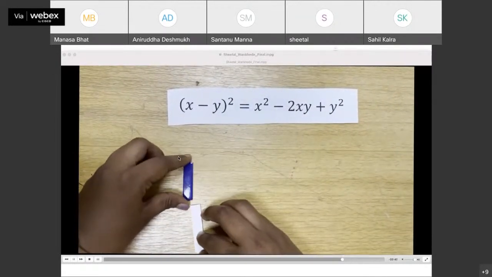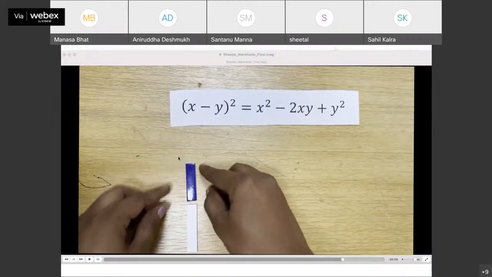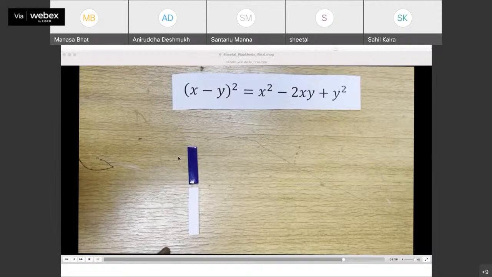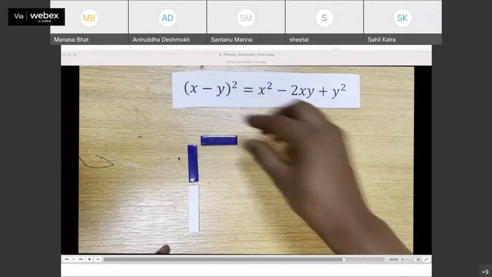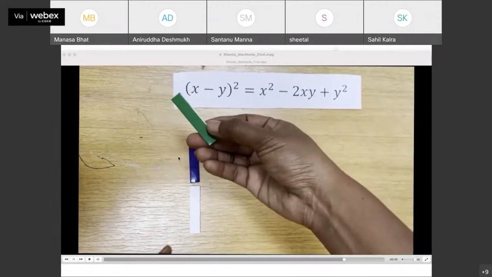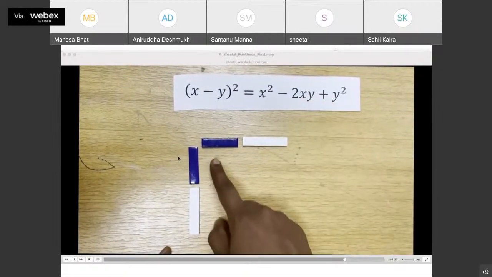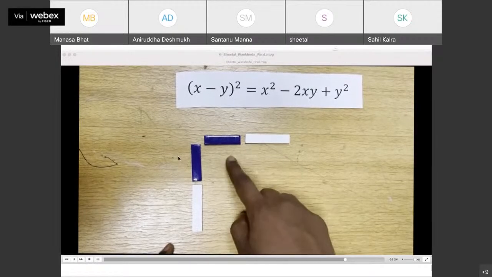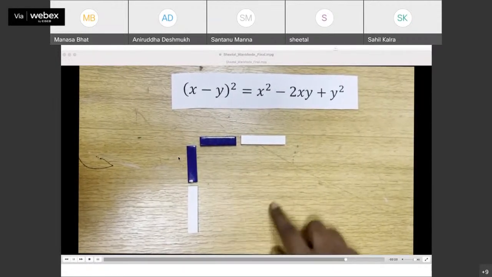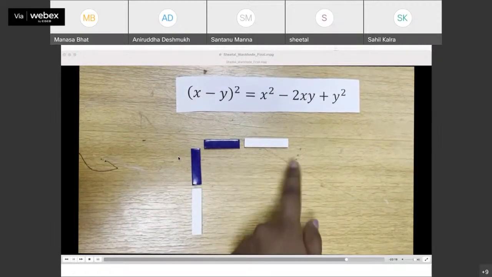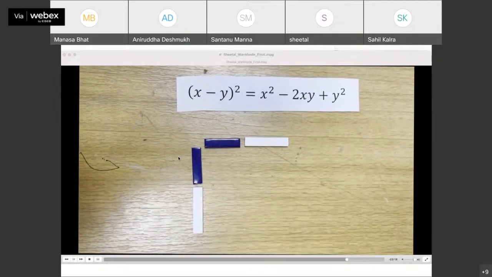So x minus y. This side gives you x minus y. Similarly, for this side also x. This is your y, so this is your negative y. x minus y. Now we have this square whose sides are x minus y. That means we need to compute this area because the square of this side gives you the area of this square.